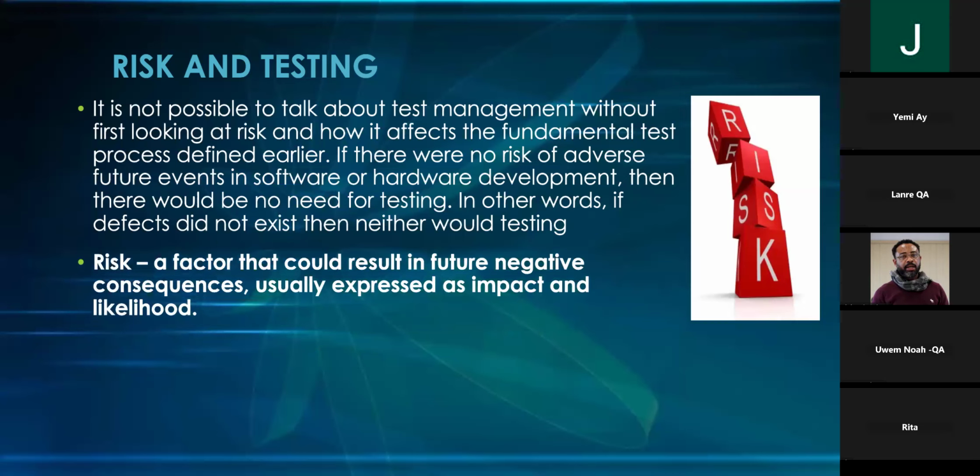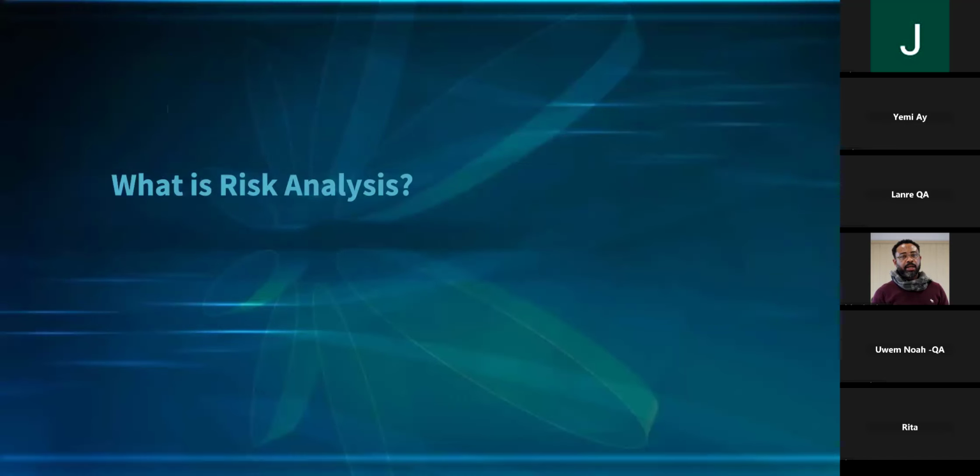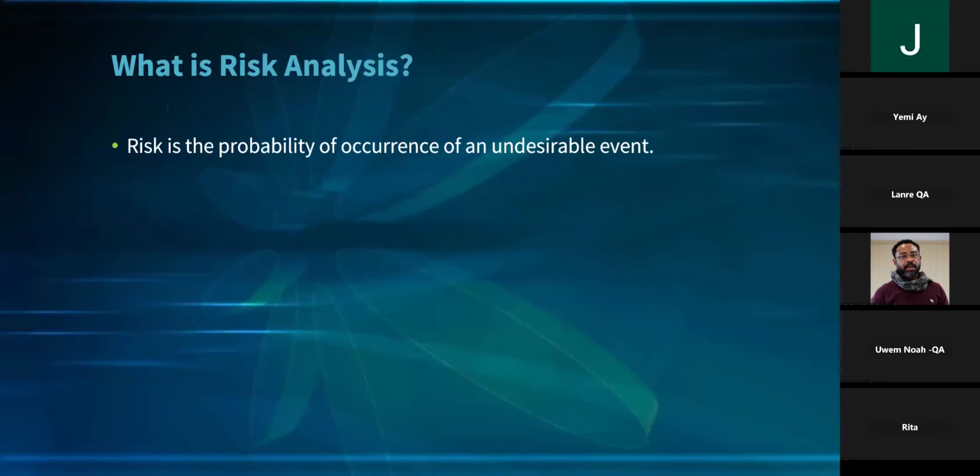Risk: a factor that could result in future negative consequences, usually expressed as impact and likelihood. That's all about risk and testing. What is risk analysis? Risk is the probability of occurrence of an undesired event. What we are not expecting, what shouldn't happen.